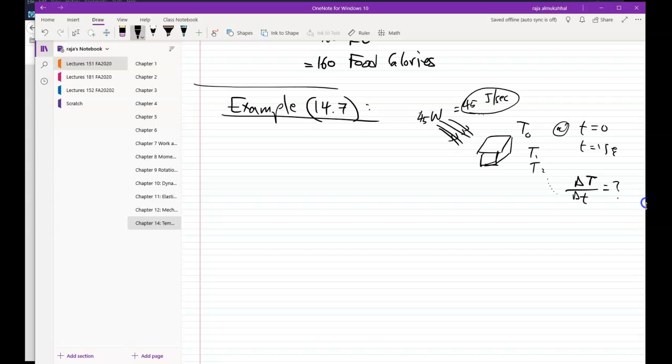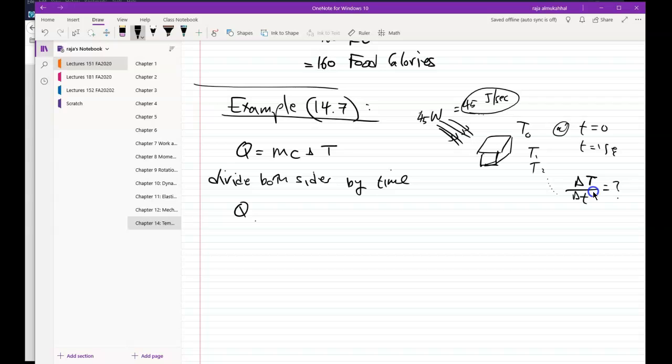And the way we do this problem is this. I know that Q equals mc delta T, and he's asking for delta T over delta t. So all you need to do is divide both sides by time, like this.